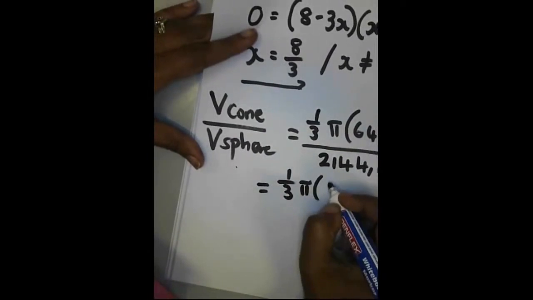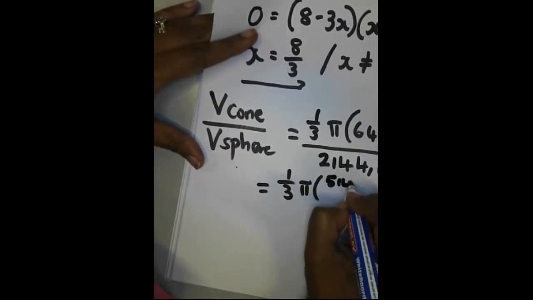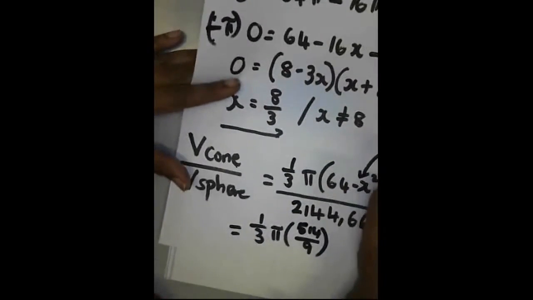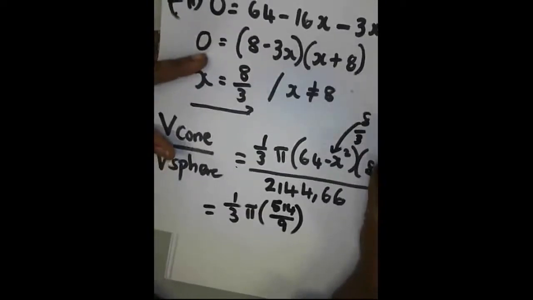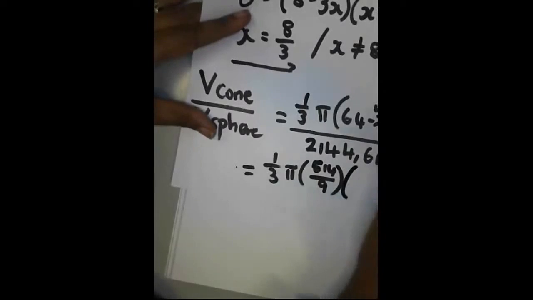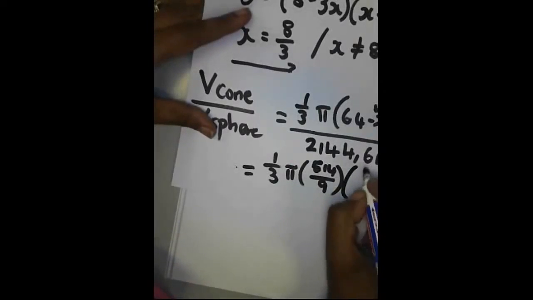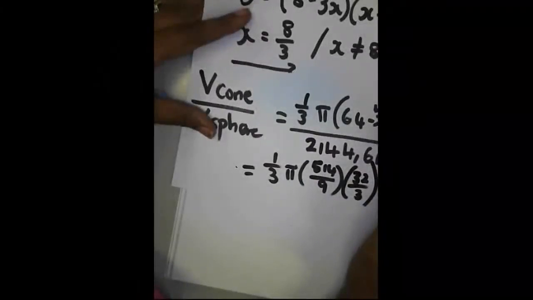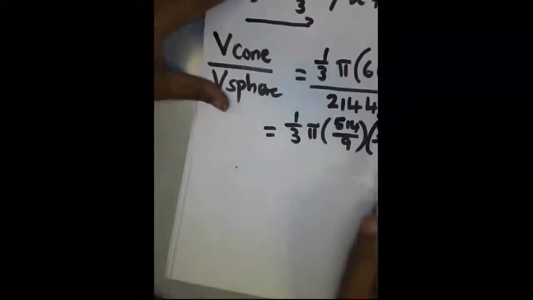In other words, I had to replace x here with 8 over 3, and x here with 8 over 3. So this one and this one gave me 32 over 3. Okay, 24 plus 8 is 32 over 3.